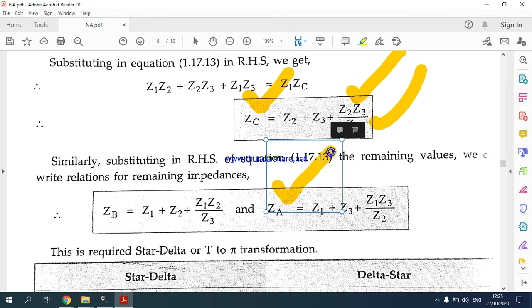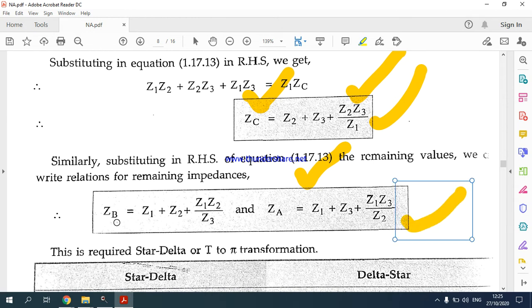Similarly, if you want to get ZA, Z1 plus Z3 plus Z1 into Z3 divided by Z2. Similarly, if you want to get ZB, Z1 plus Z2 plus Z1 into Z2 divided by Z3. You got the expression for ZA, ZB, ZC.